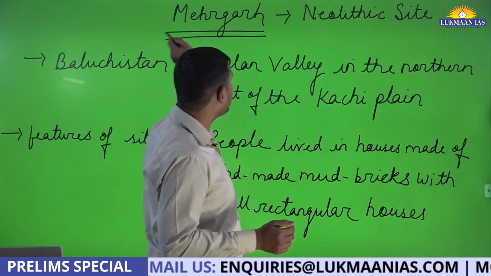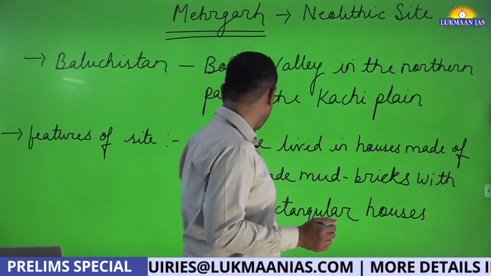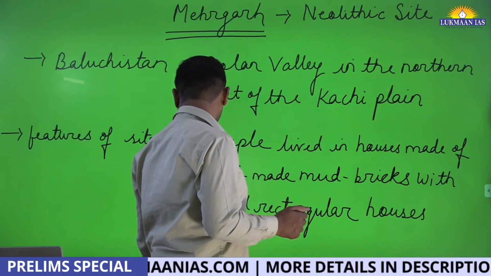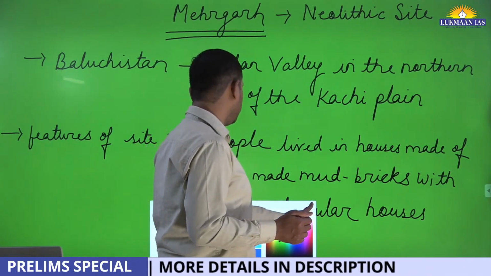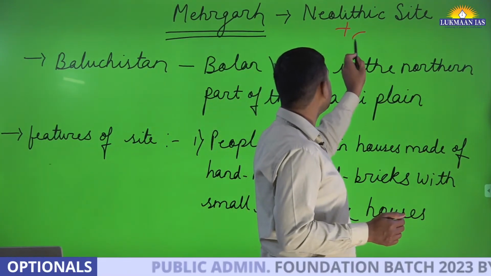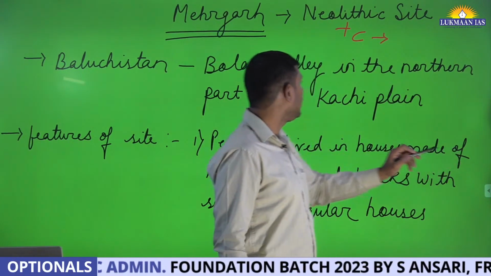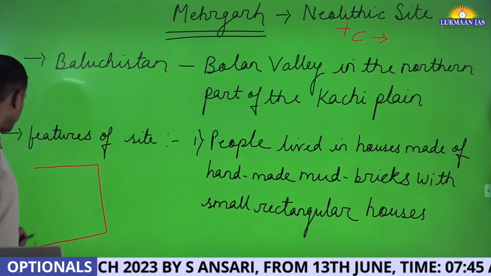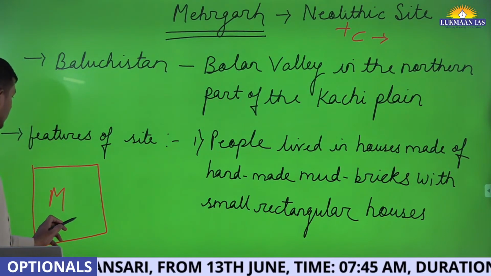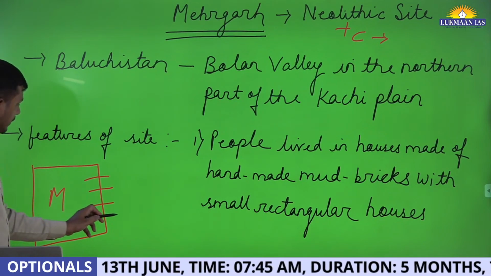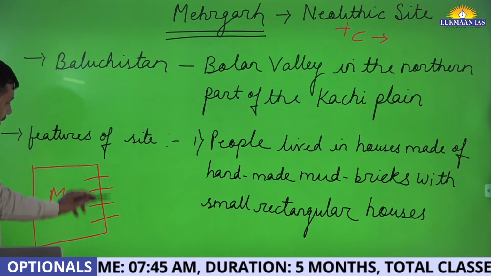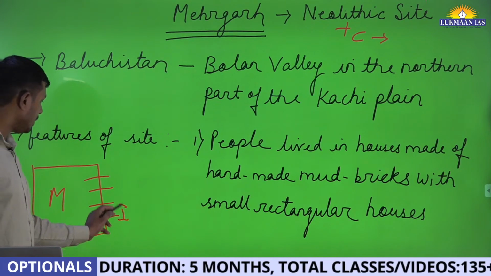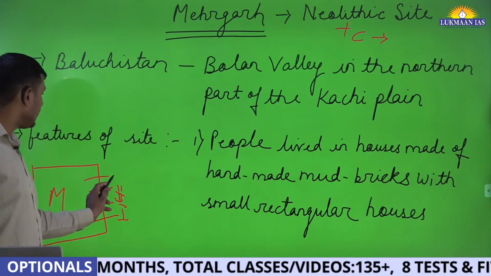This site of Mehrgarh is an example of the Neolithic, plus it is an example of the Chalcolithic also. When archaeologists excavate any site, various periods are found; starting from the bottom it is period 1, period 2, period 3 and then going up to 4.